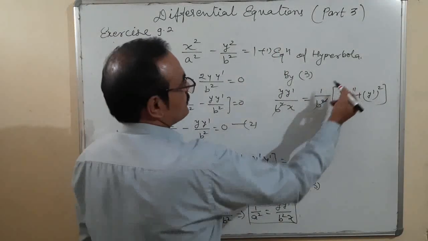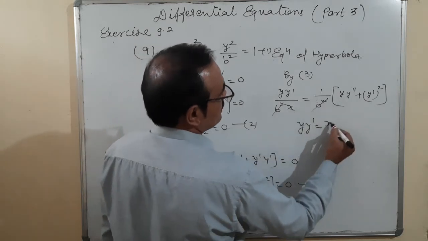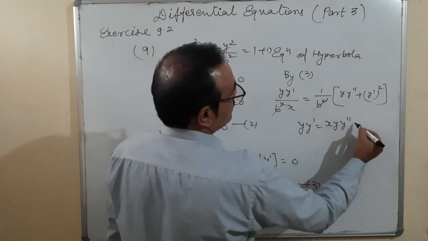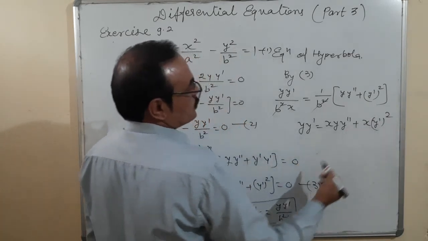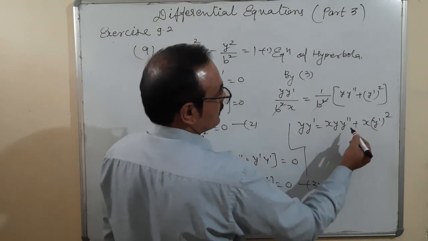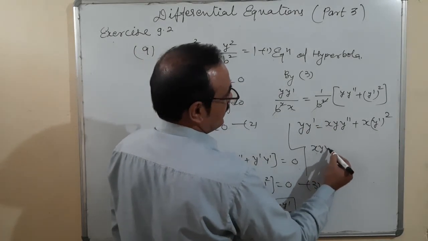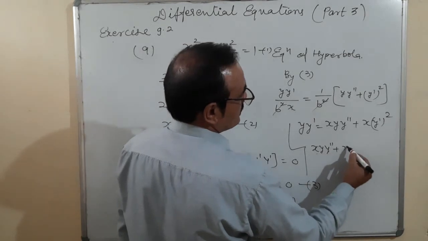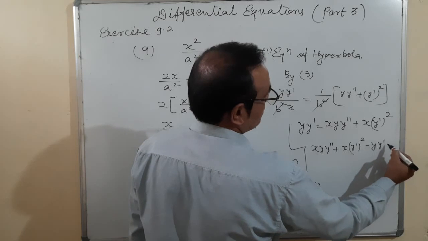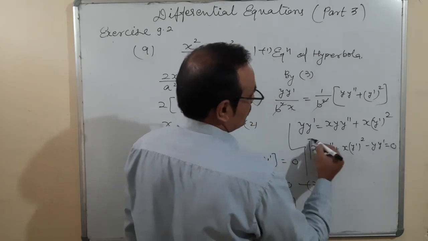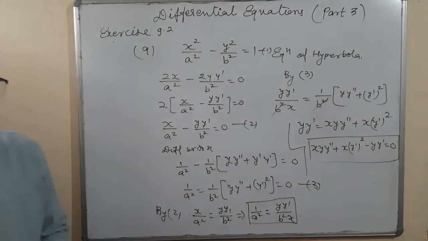This x will be shifted here. So y dash is equal to x y double dash plus x y dash whole square. So what is the family of differential equation? This is a family of hyperbola. x y double dash plus x y dash whole square minus y dash is equal to 0. Okay. Clear?